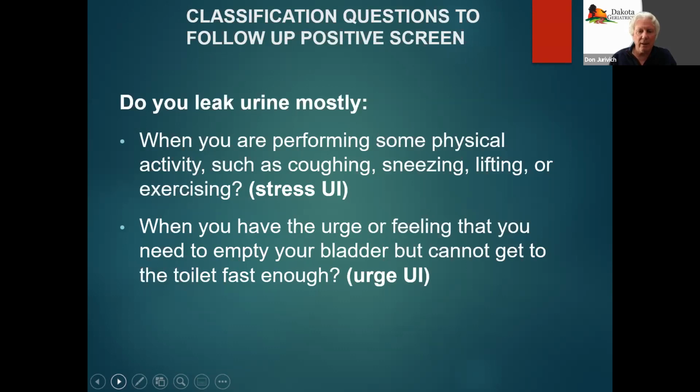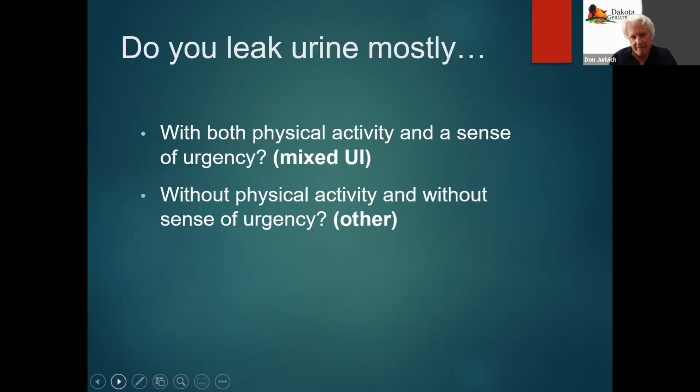And then that whole thing of urgency. So we call it urge urinary incontinence. That's where you got to get to the bathroom like right now. So if they answer that, they likely have urge incontinence. Next slide.